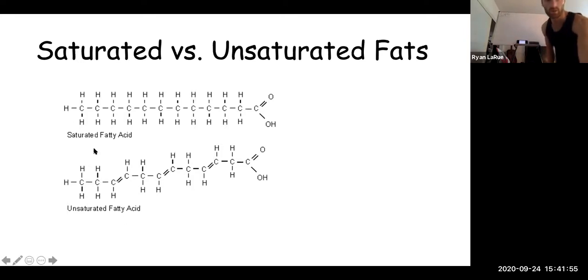Okay, so here on the top, you can see what we call a saturated fatty acid, and below, an unsaturated fatty acid.